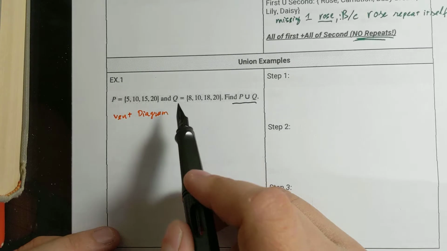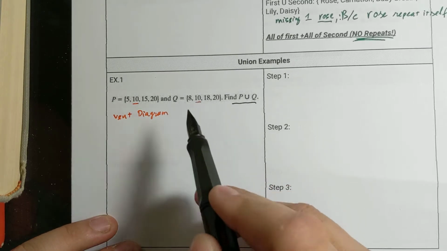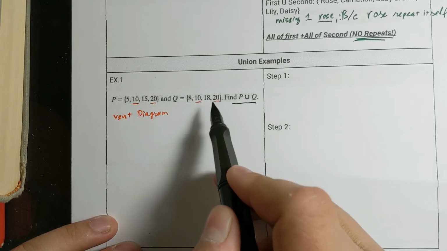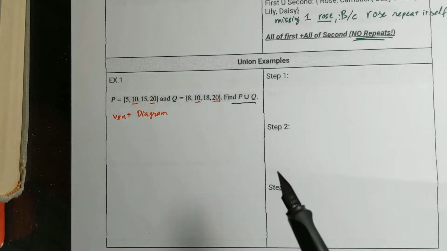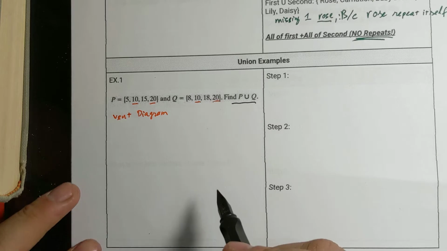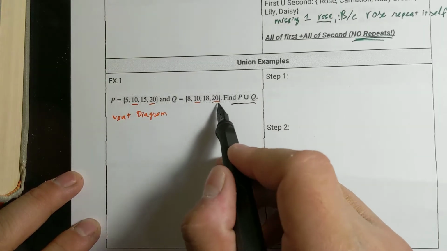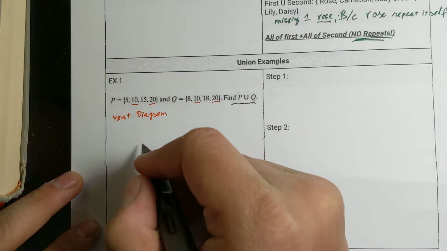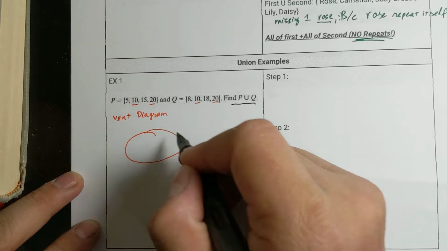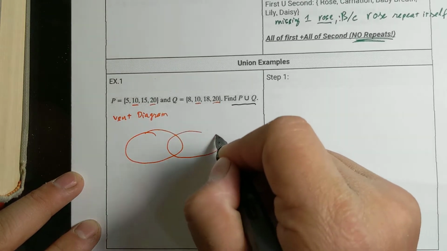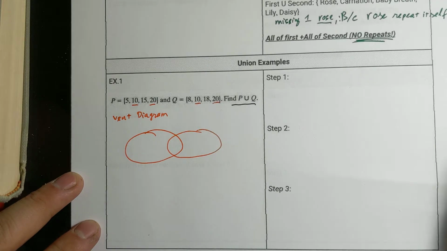Since I notice that I have 10 repeating in both of them, and also the 20, I have to draw two Venn diagrams overlapping each other, because these two collections repeat. So first Venn diagram, second Venn diagram.